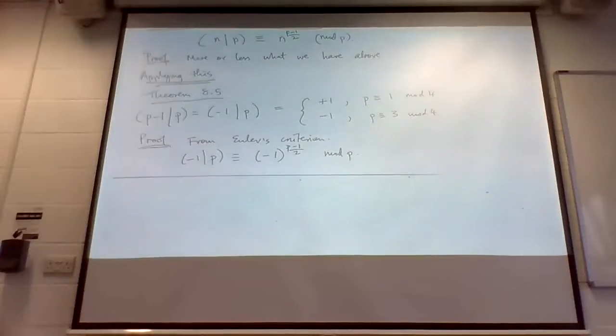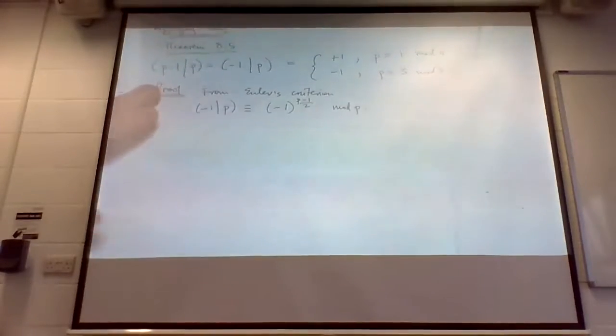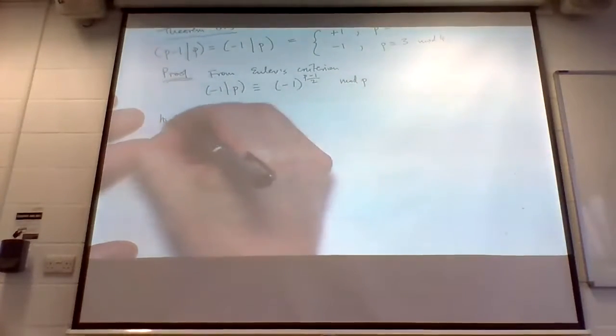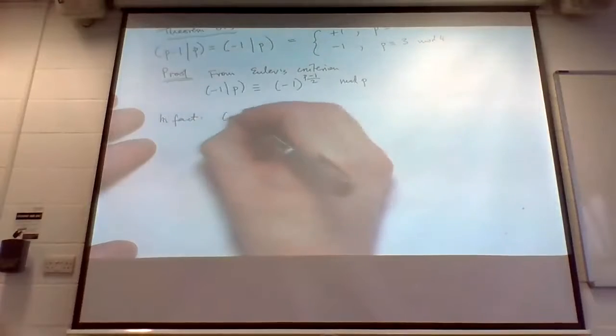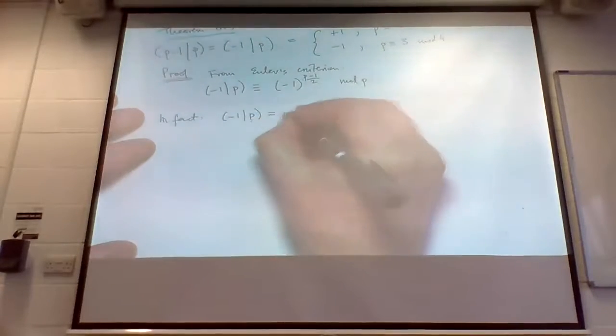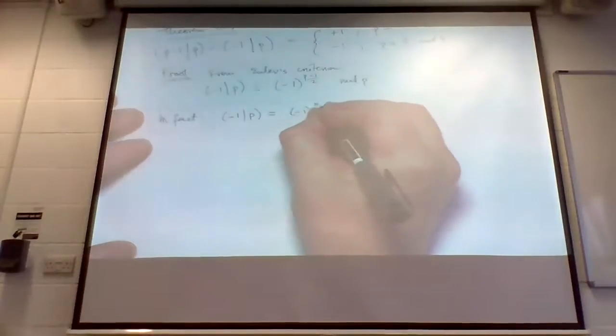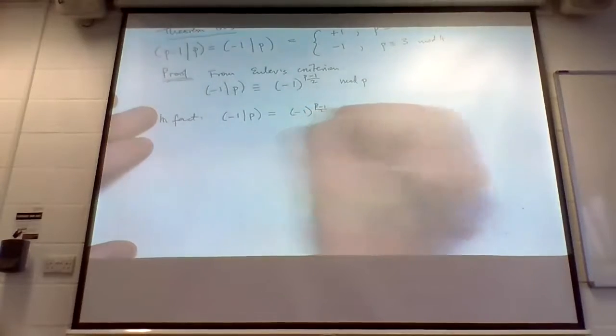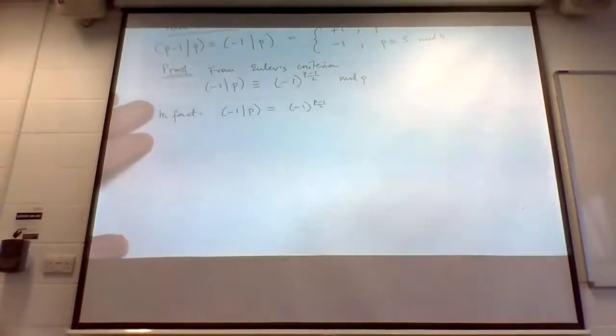You can't get anything else. So in fact these must be equal, because the thing on the right-hand side is either plus 1 or minus 1.